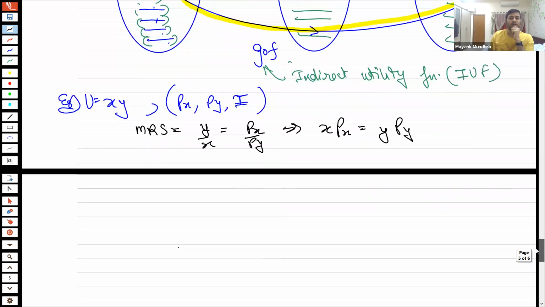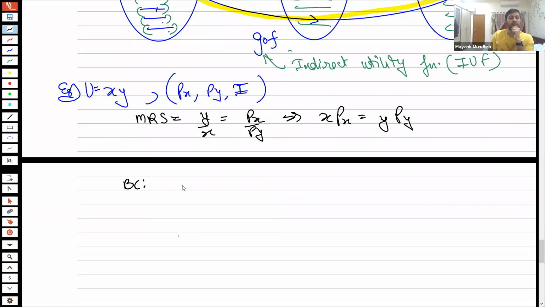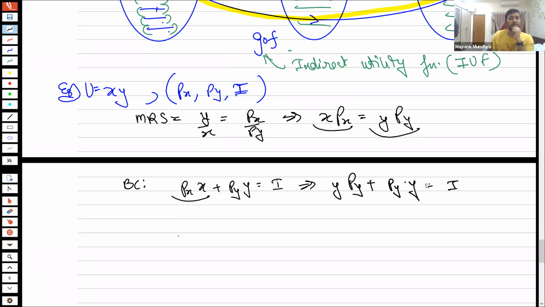Now the budget constraint is pxx plus pyy equals I. From here I know that xpx equals ypy, so I can substitute this thing as ypy. So ypy plus pyy equals I, which implies 2 times py times y equals I, which implies that y star is equal to I by 2py.